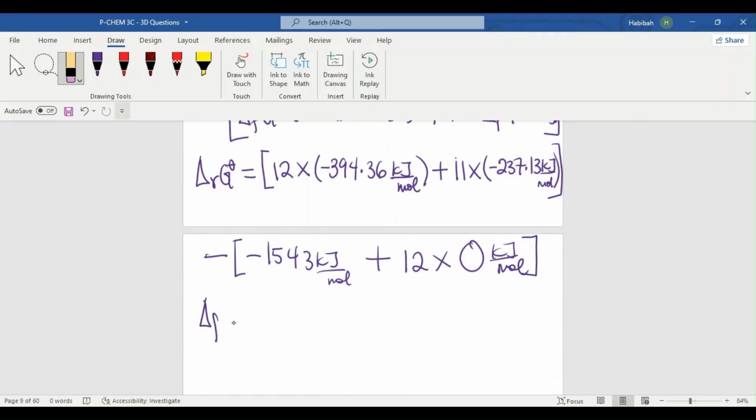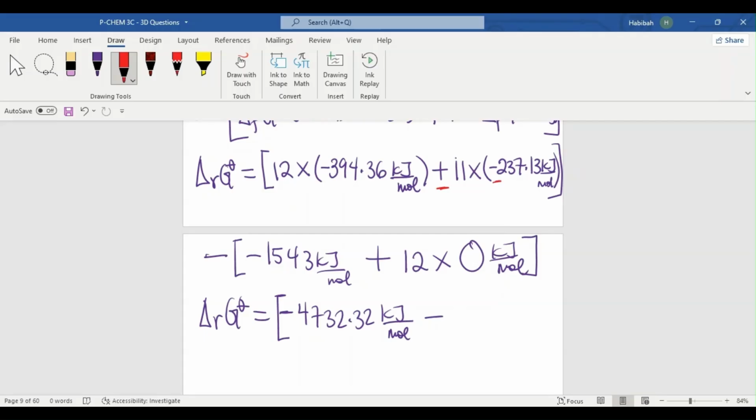That's how it's done. The Gibbs energy of reaction becomes 12 times negative 394.36, which is negative 4732.32 kilojoule per mole. Minus. Here you've got plus and you've got minus, and plus minus is just minus.